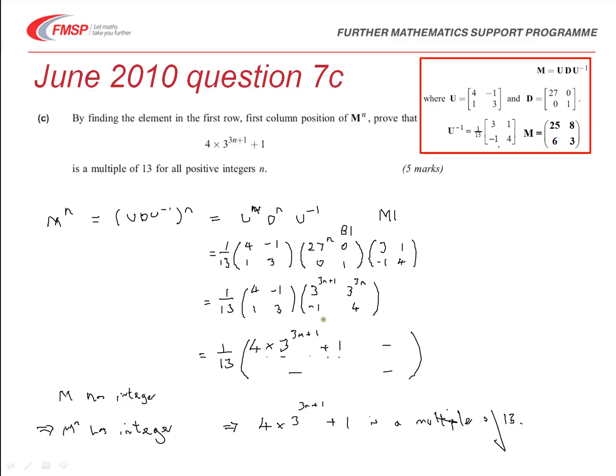Then for obtaining this correct value at this point here, you get an accuracy mark. And then explaining that it's an integer, and that as a consequence for it to be an integer, this must be a multiple of 13.